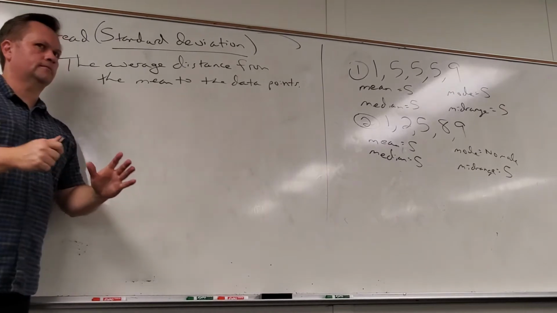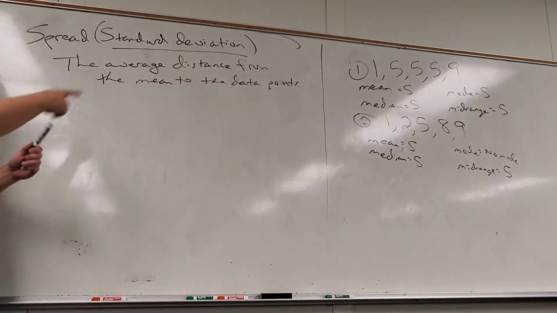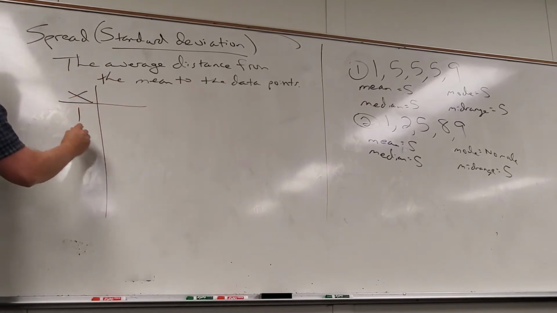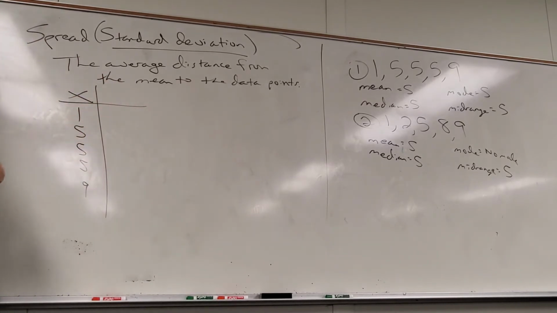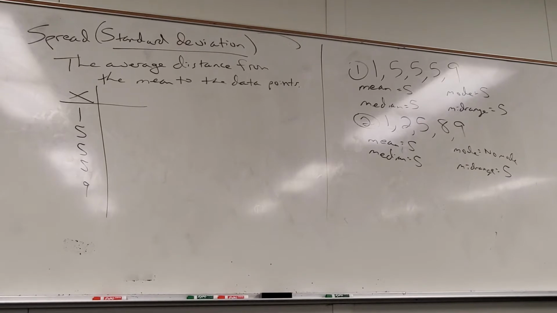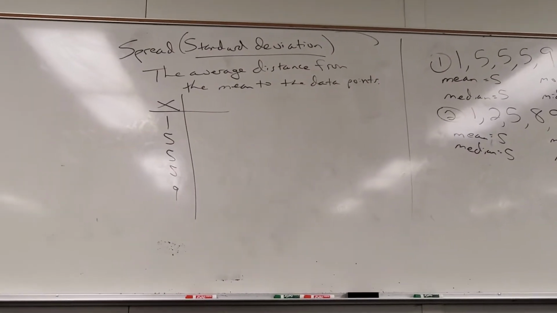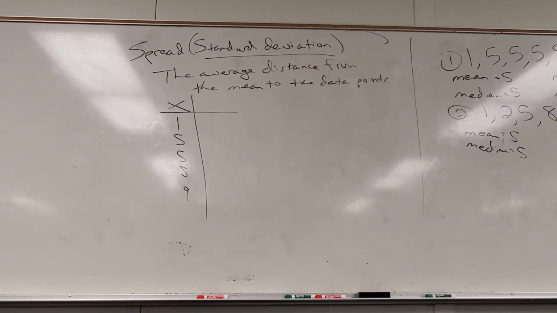Okay, so what we're going to do, let's do this first set of data. Let's write it down this way. Let me ask you this. If I wanted to find the average age in this room, I would first have to get a list of our ages.